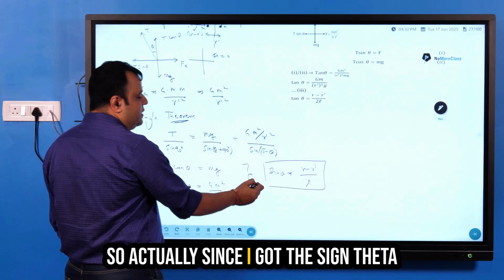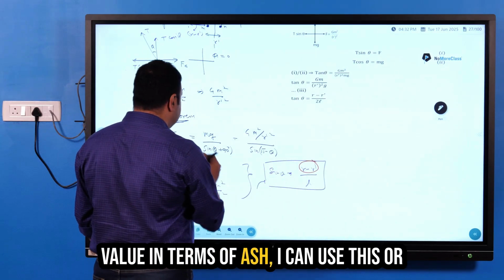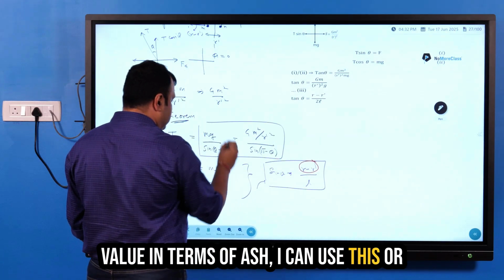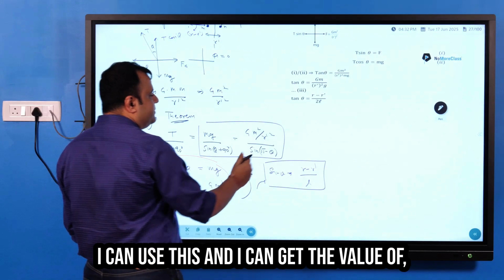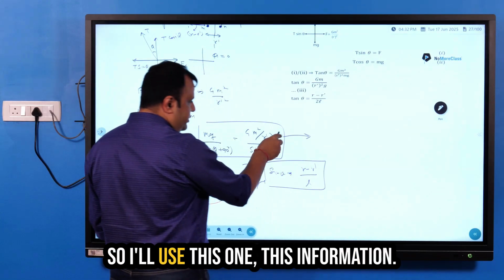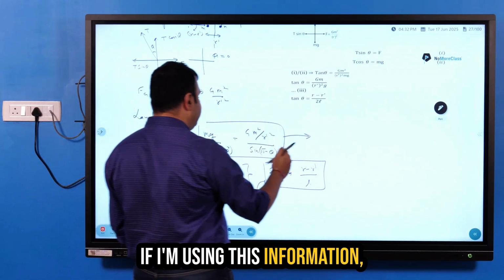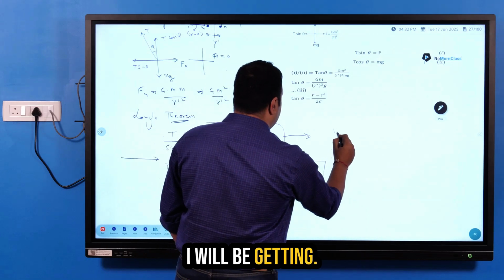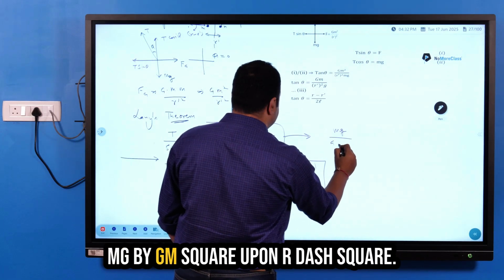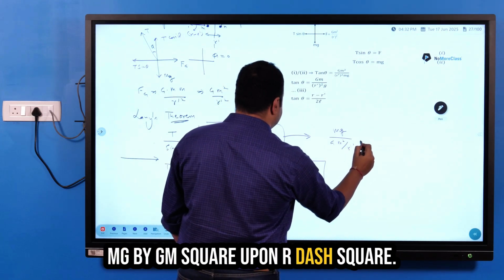Since I got the sine theta value in terms of r dash, I can use this and get the value of r dash. So I'll use this information. I'll get mg by G m square upon r dash square.